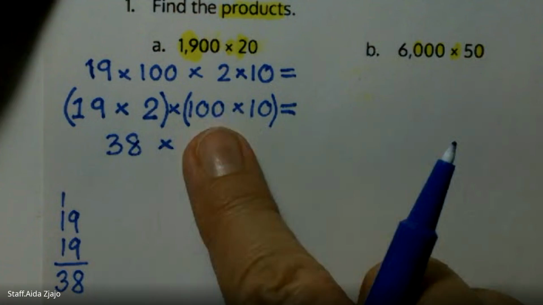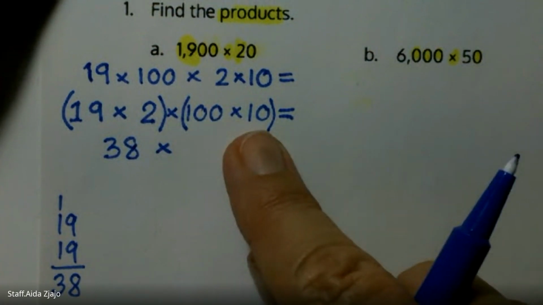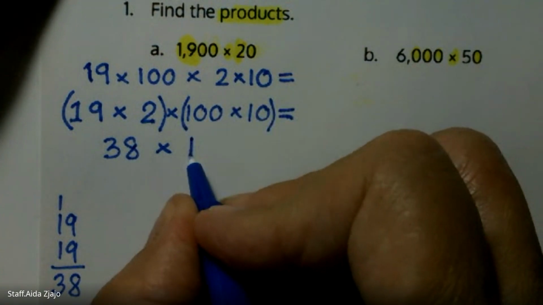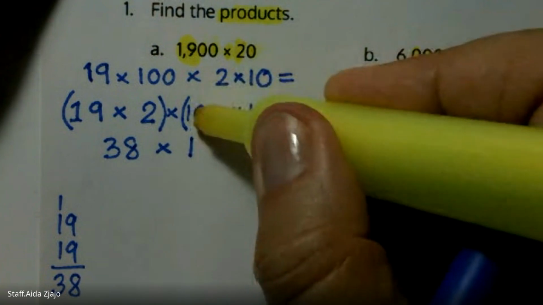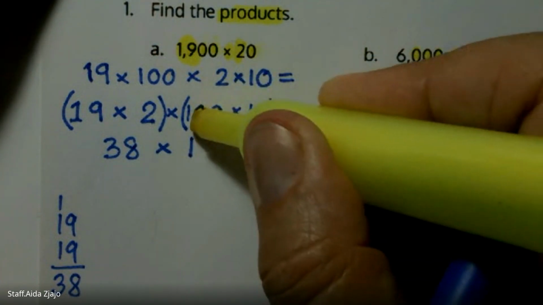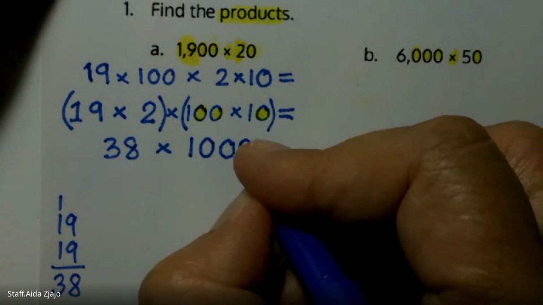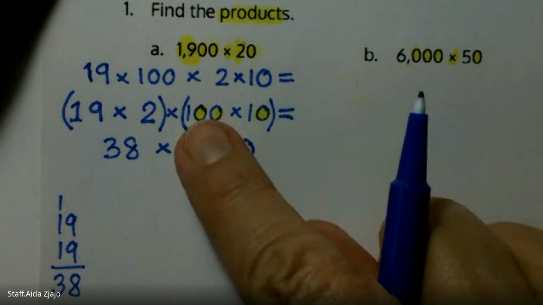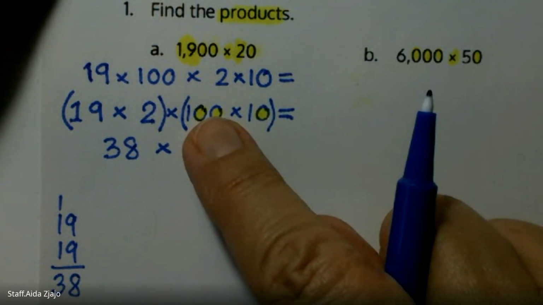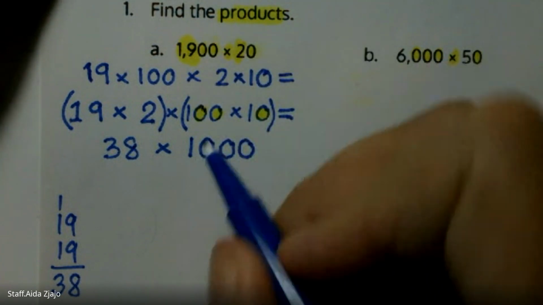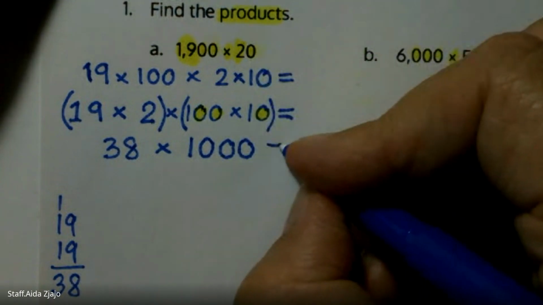And then you know that these are multiples of tens, which means you're going to have 1 with 1, 2, 3 zeros involved. So 10 times 10 is 100, and 100 times 10 is 1,000. So you have now 1,000 to deal with.